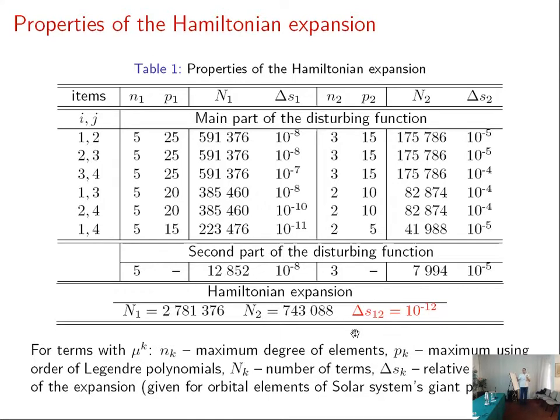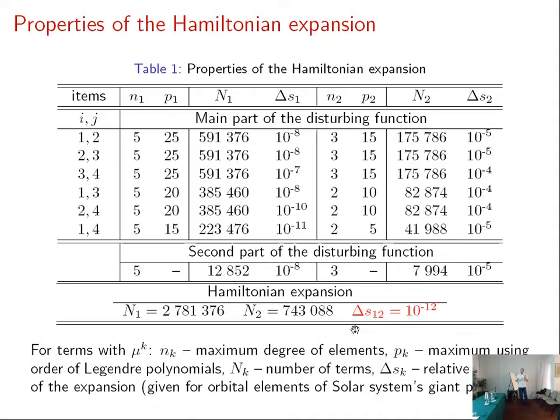Properties of the Hamiltonian expansion are given in this table. We can see here the maximum degree of eccentric and oblique elements, maximum orders of Legendre polynomials which are used in the series expansion, the number of terms of the series expansion, and the relative accuracy of the series expansion.